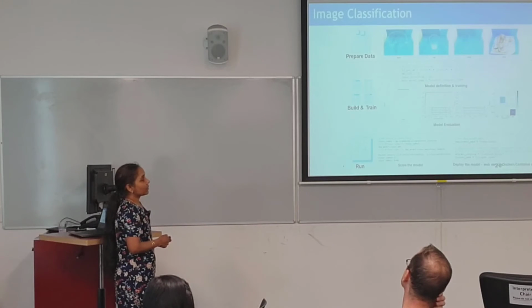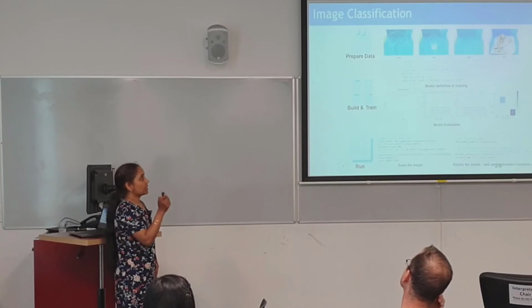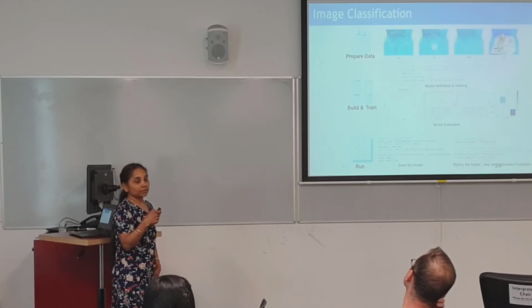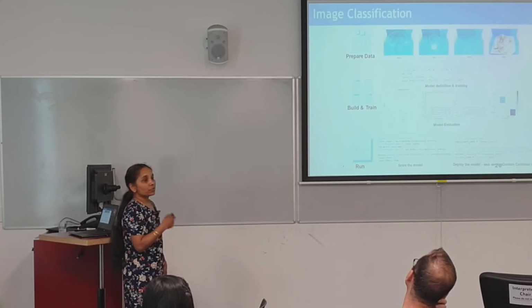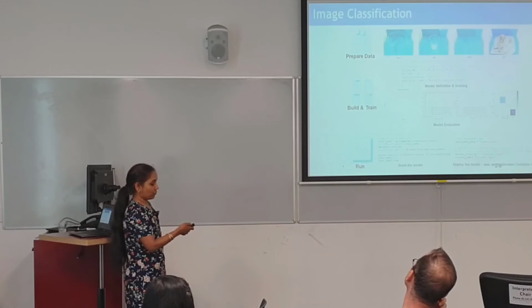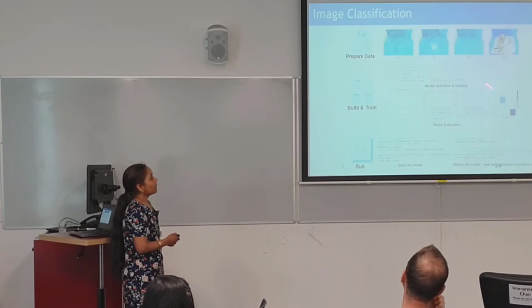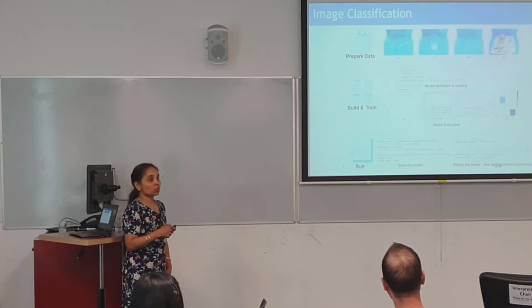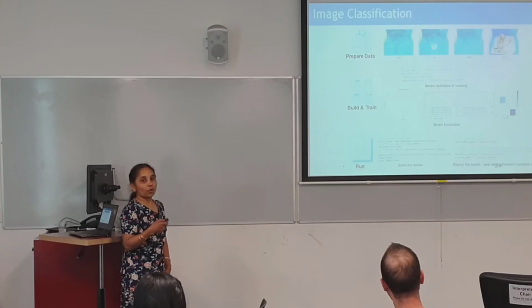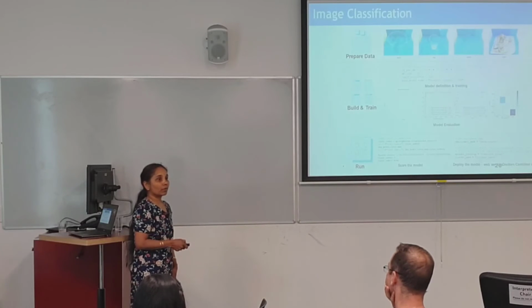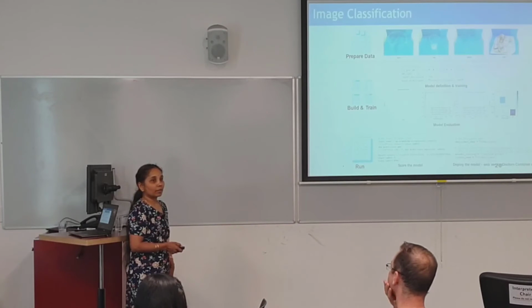For building and training, you upload those images with different tags so that the machine learns. And then you train. It's very simple. I'll show you how to do that. Once it is trained, it gives you the score of the model. If you are happy with the score, then you can deploy the model. If you're not happy with the score, what do you do? Train more.